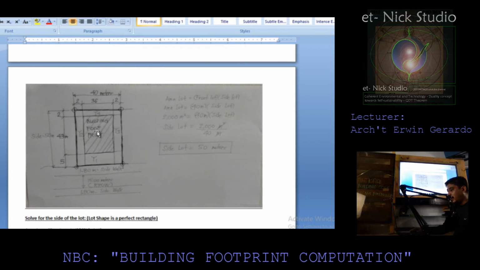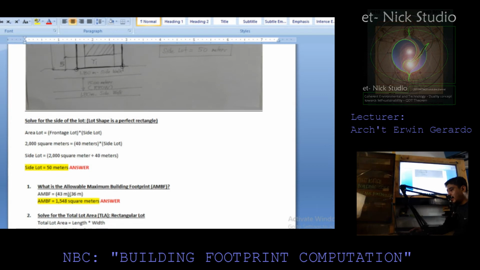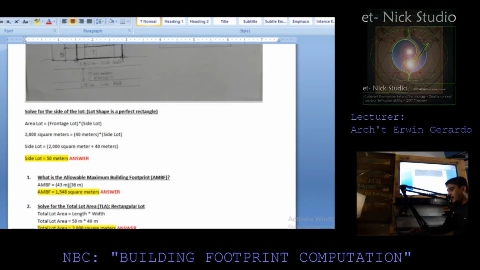So 36 times 43, that is already the allowable maximum building footprint, which is 1,548 square meters.